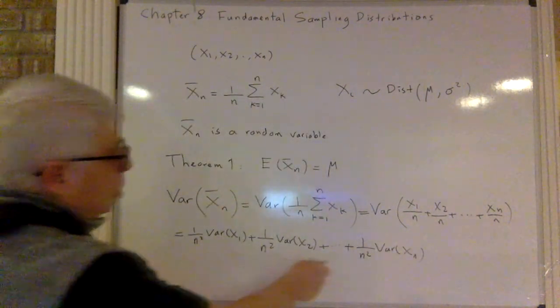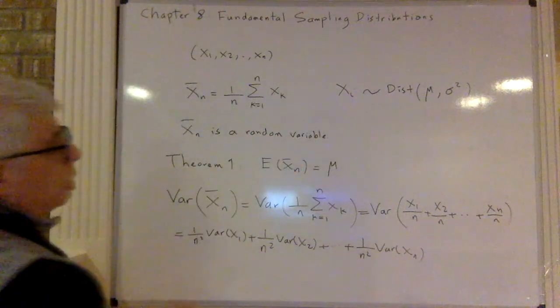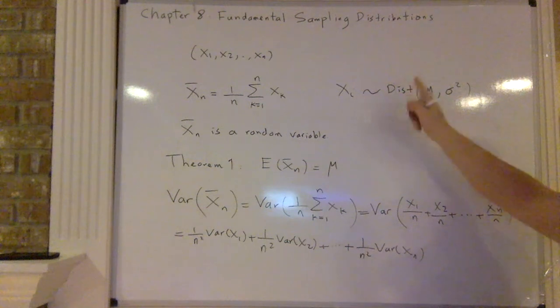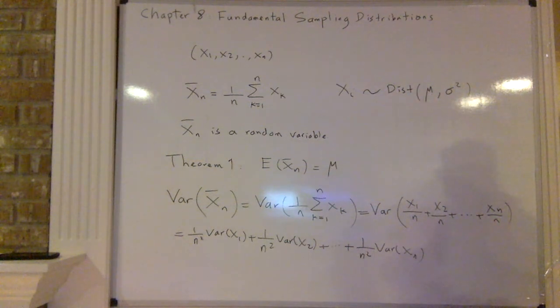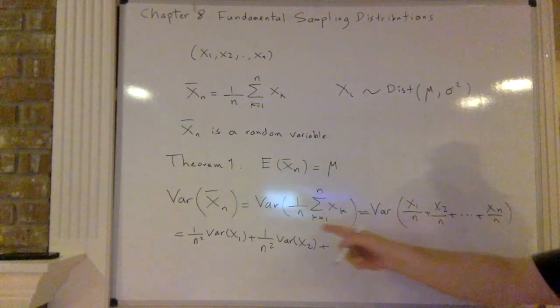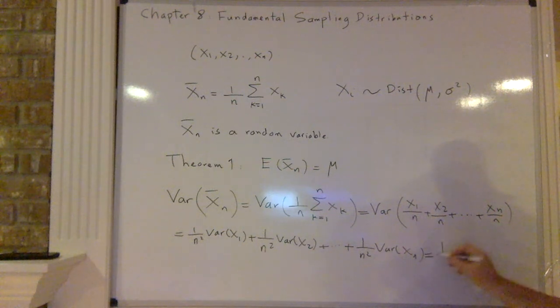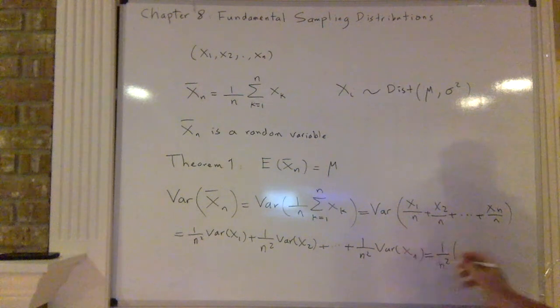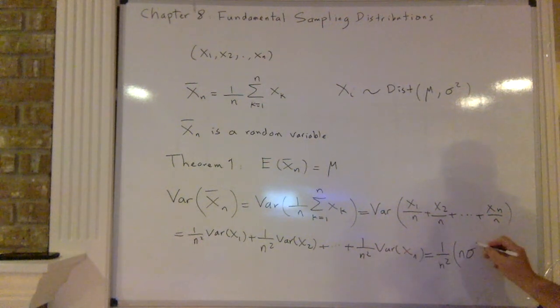Now we know each variance is given here. This sigma squared is the variance of this distribution, right? The xi's have a variance sigma squared. So all of them are sigma squared. So I have 1 over n squared, and I have n sigma squared here. So this will be sigma squared over n.